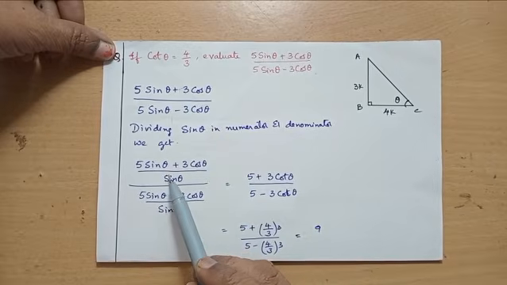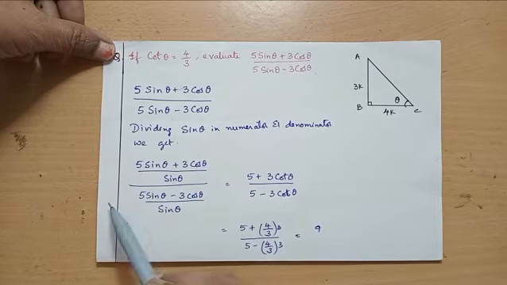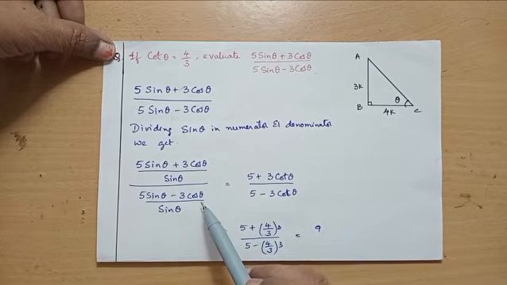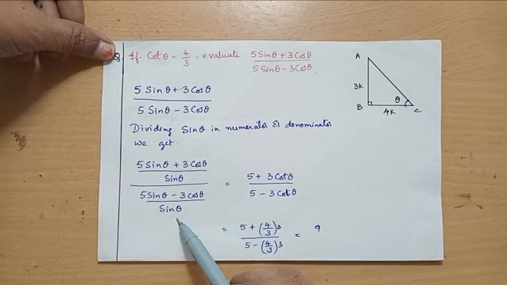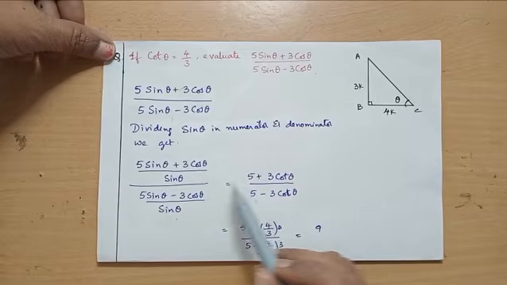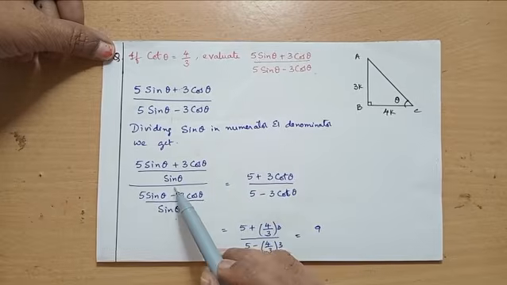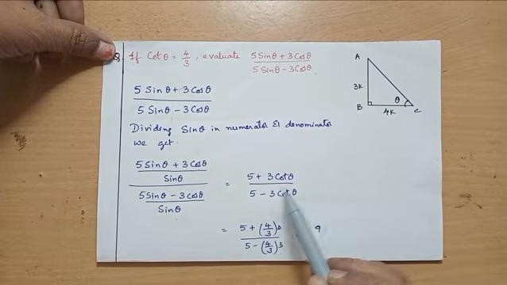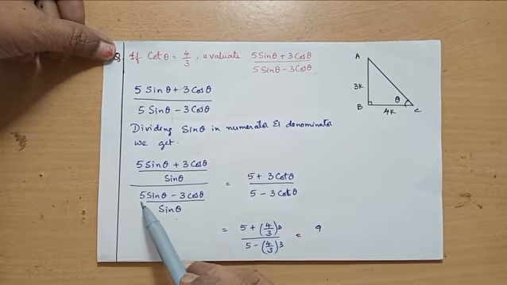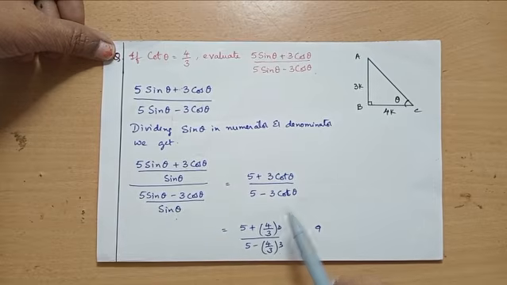We get (5 sin theta plus 3 cos theta) whole divided by sin theta, whole divided by (5 sin theta minus 3 cos theta) by sin theta, which is equal to, sin theta gets cancelled, we get 5 plus 3 cos theta by sin theta, which is cot theta, whole divided by 5, sin theta by sin theta gets cancelled, minus 3 cos theta divided by sin theta, which is cot theta.